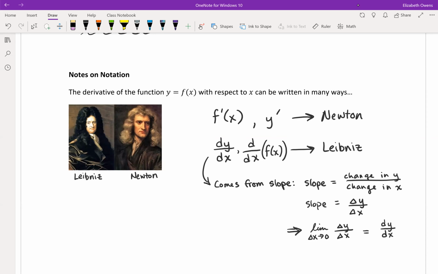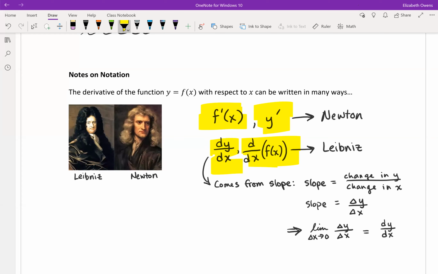So d dx of f of x means the exact same thing as dy dx, and that means the exact same thing as f prime of x, and that means the same thing as y prime. These all refer to the exact same thing. They're all just different ways of writing the derivative.